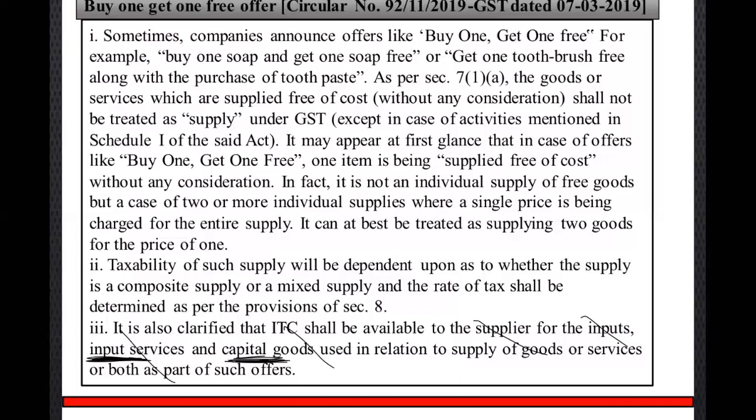For composite supply, the principal supply rate, and if it is of goods, then goods; if service, then service. In case of mixed, the highest rate, and if the highest rate is of goods, then it's a supply of goods, and if the highest rate is of service, then it's a supply of service. Okay, so you can determine what actually is goods or service and what rate is to be charged.